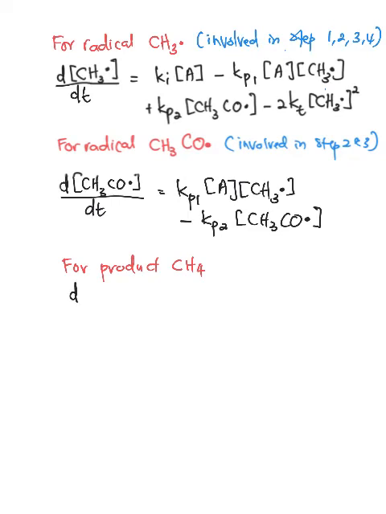So d[CH4]/dt equals, in step 2 the product appears, so it equals k_P1 A [CH3].